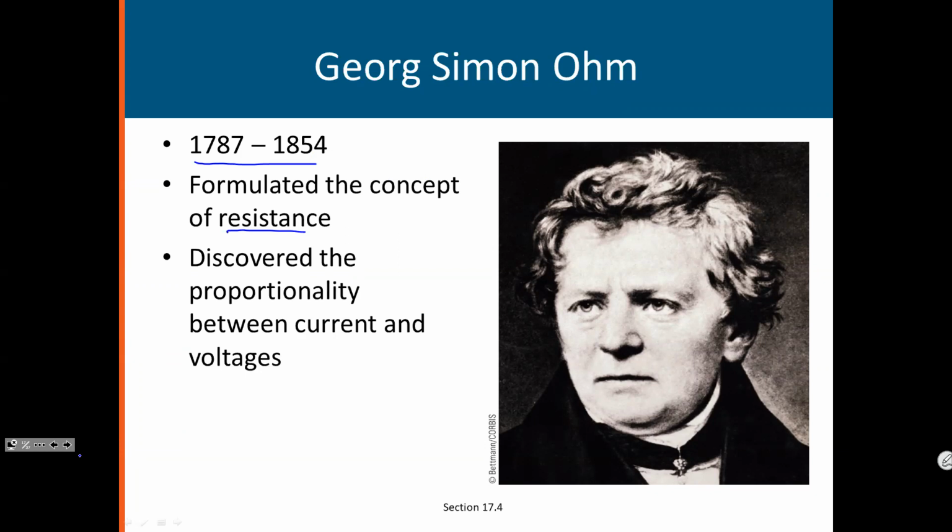You increase the voltage by putting in a battery with a higher voltage, for example, and you get a bigger current flowing through the bulb or the resistance or whatever that element is. So he discovered this proportionality: more voltage, more current; less voltage, less current. That's why there is a law named after him, Ohm's law.